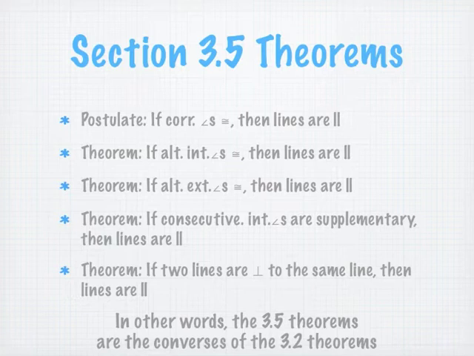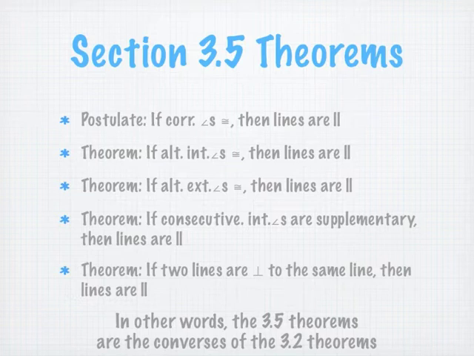If we have alternate interior angles that are congruent, then lines are parallel. Alternate exteriors give us parallel lines. Consecutive interior angles that are supplementary give us parallel lines. And then that last one, if two lines are perpendicular to the same line, then those lines are parallel. We'll talk about these, and we'll actually prove most, if not all, of these theorems.